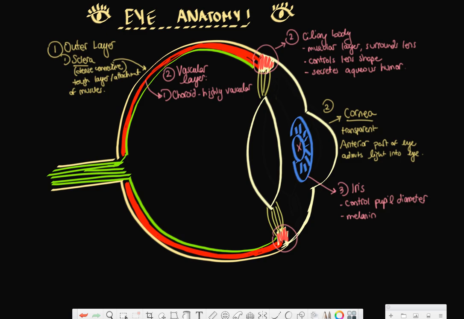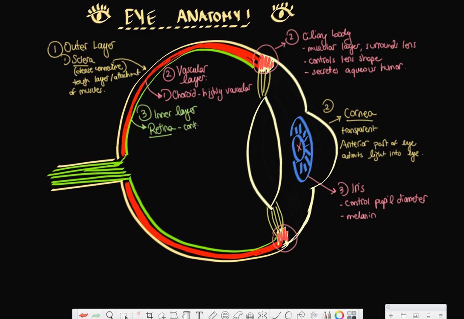Finally, the third layer of the eye is the innermost layer, and this is what we call the retina. So we call this the inner layer, composed of the retina. The retina is a very important layer because this is where your neurons are located, especially your light receptors.